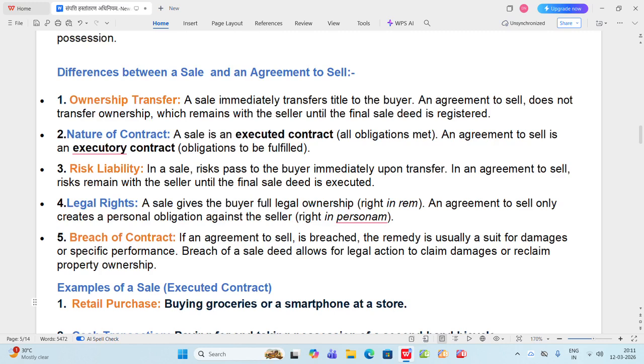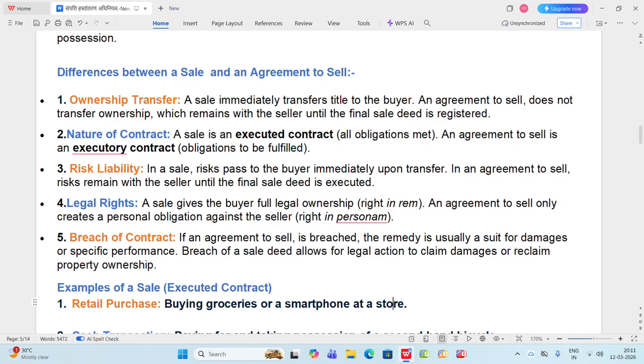If the seller wants to get it back, he may do it. So in this case, the buyer gets only a personal obligation, some rights, that is called right in personam.